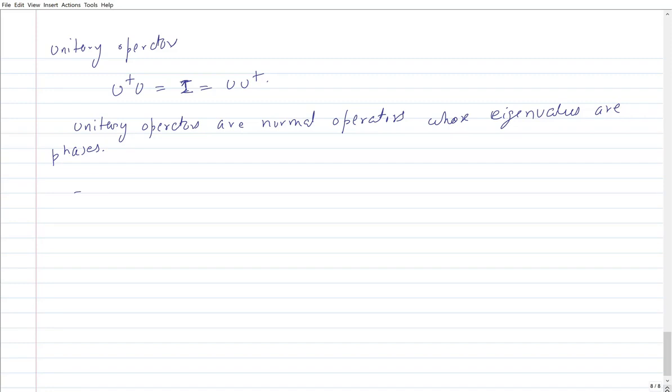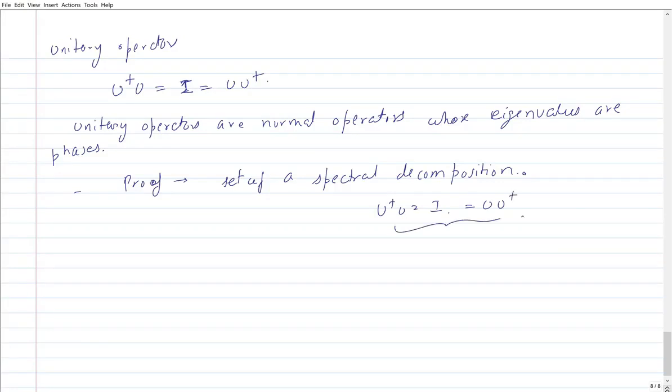Again, take the spectral decomposition, set up a spectral decomposition, and then just put the condition U dagger U equals I equals U U dagger, and then it's a trivial proof.